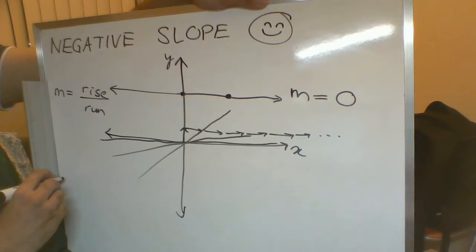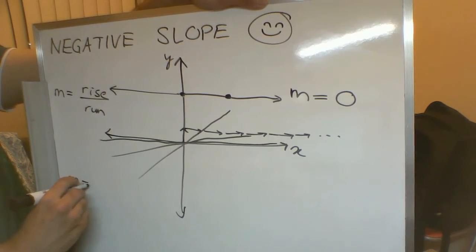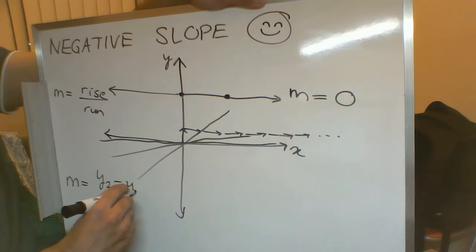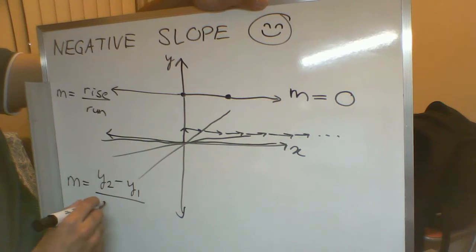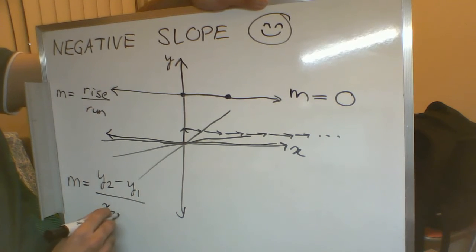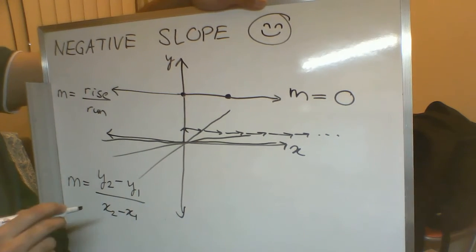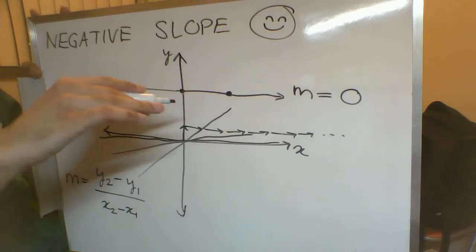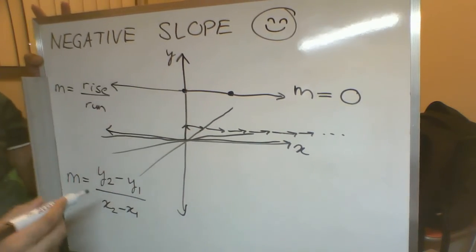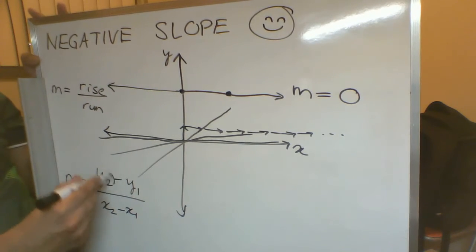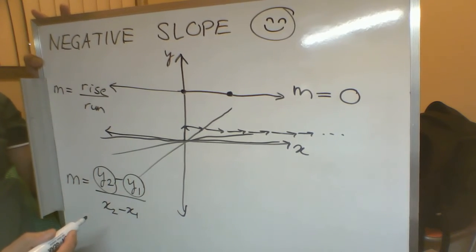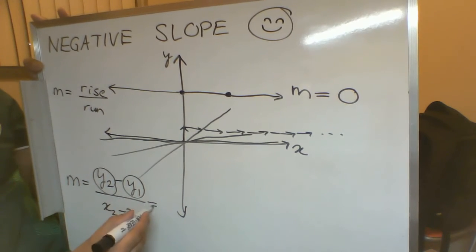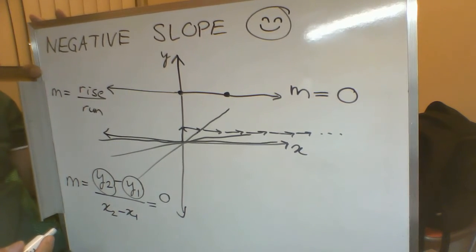So if we look at our new equation for how to write out the slope, we had y2 minus y1 over x2 minus x1. And without actually plugging in any numbers, if you know that the y value of both points is the same, then that means y2 and y1 are the same value. So if I do one number minus itself, I'm going to be left with a 0 on top, right?